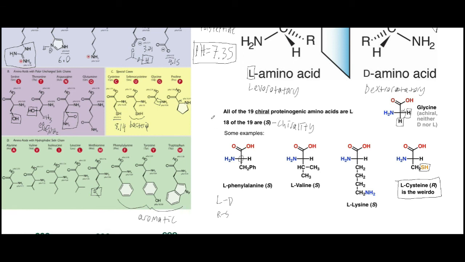You could have two chiral carbons in your molecule, and one of them might be R and the other S, but the whole molecule would be either L or D. And so that's the difference between those.